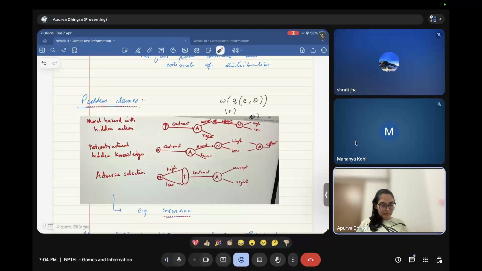So in that case, he would know whether it is a high luck factor or a low luck factor. So he would know which realization of theta he's in, and based on that, he can decide how much effort he should put in further on. If that happens, the actual realization of nature would not be known to the principal. And this is a part where there is some hidden knowledge, something that is hidden from the principal.